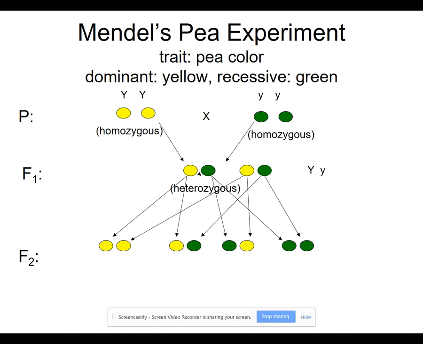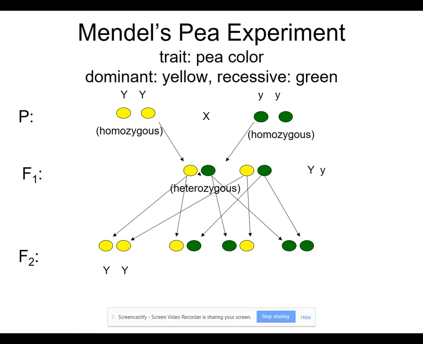The F1 individuals get a capital Y and a lowercase y, and that's called heterozygous, one of each. Why do they have one of each? Because there's one dominant allele and one recessive allele. Dominant allele is the capital Y, recessive allele is the lowercase y. And then once you pause and guess on the bottom four before I tell you.